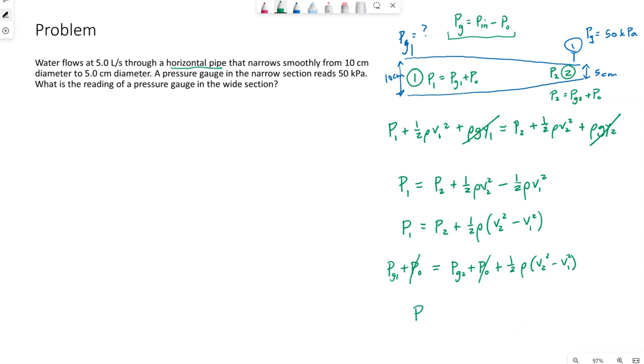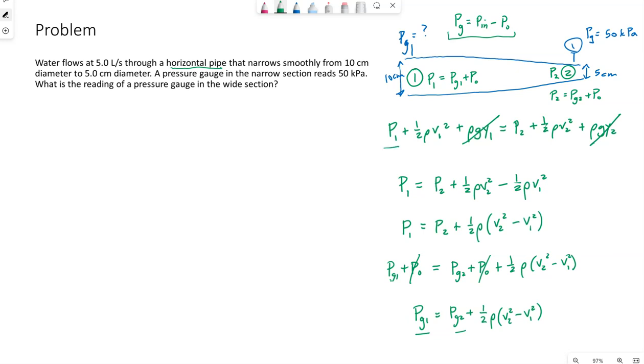And our equation ends up looking like it did just a minute before, except that these are both gauge pressures now. So it turns out you can use gauge pressures as the P values in Bernoulli's equation as long as both pressure 1 and pressure 2 are both gauge pressures.